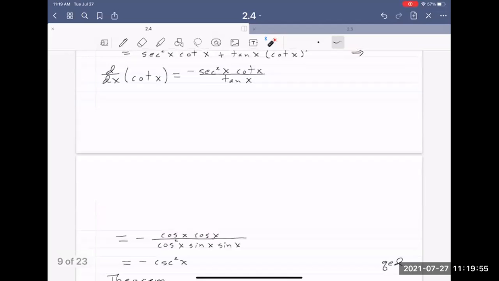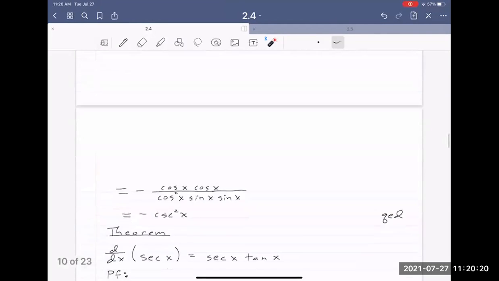But secant squared x is just 1 over cosine squared x. Cotangent x is cosine x over sine x. And tangent x is sine x over cosine x. The cosine squares cancel. So I just get negative 1 over sine squared x, which is negative cosecant squared x.